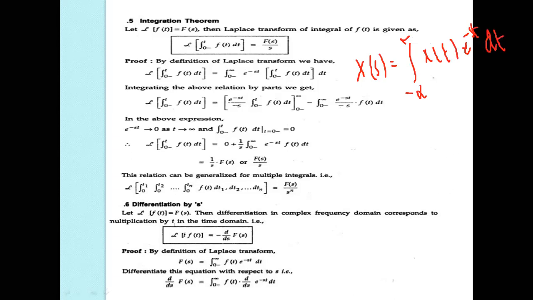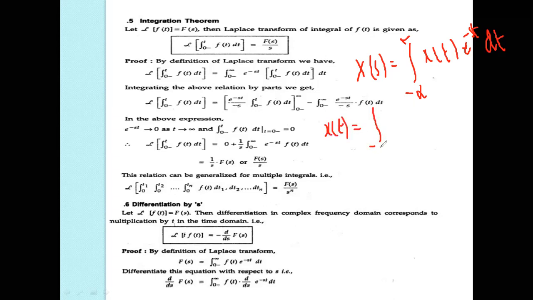Now I am taking that e power minus st, the integral is e power minus st by minus s. If it is a derivative, e power minus st into minus s.